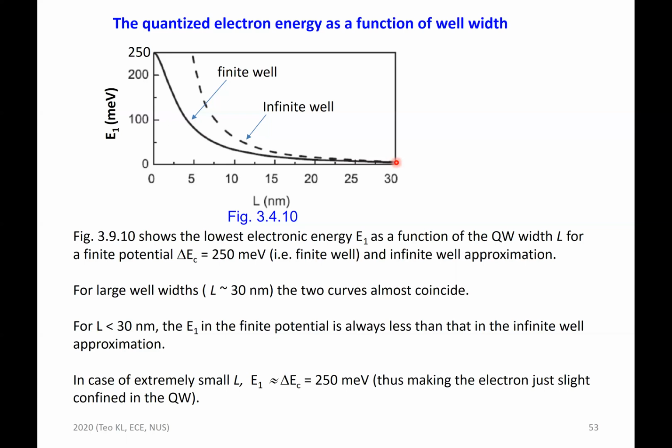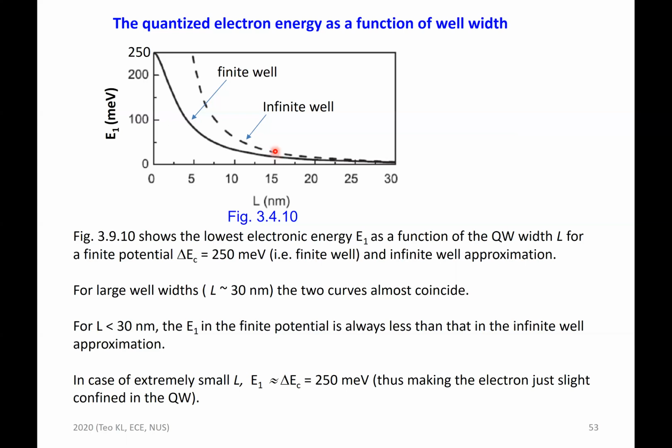And as you start to decrease the well width, less than 30 nanometer, let's say you go to 15 nanometer, then you can see that the electron energy starts to have a finite value. And comparing the finite well and infinite well in calculating your electron energy, you can see the electron energy in the finite potential, the solid curve, is always less than that in the infinite well approximation.